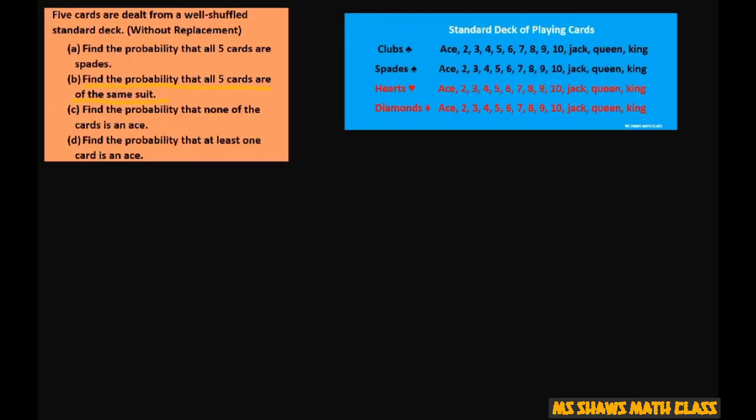Okay? Next one. Find the probability that all 5 cards are the same suit. So for this one, what we want to do is find the probability. Let's just say for our first one, 5 spades. For the first one we did, A, we got 66,640. So basically that's going to happen on all these suits.